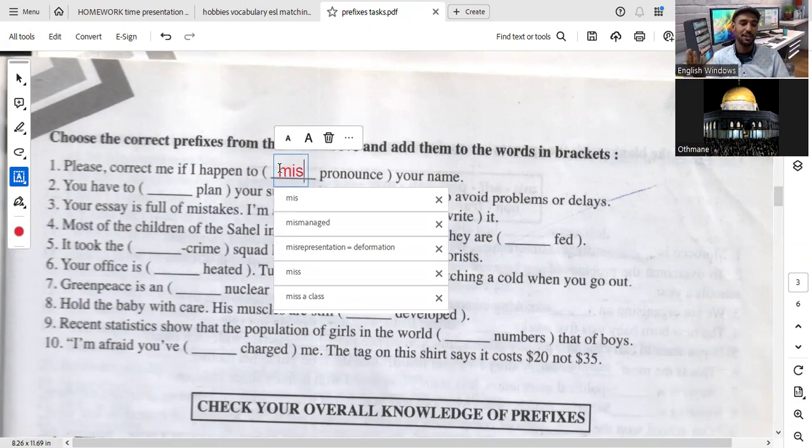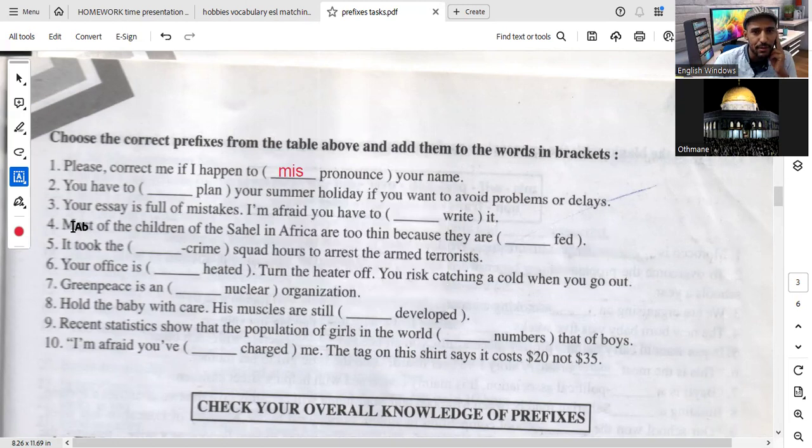I don't know how their family names are pronounced. Some family names are sometimes funny, right? So as to avoid mispronouncing the name of the student, we tell them, please correct me if I mispronounce your name.